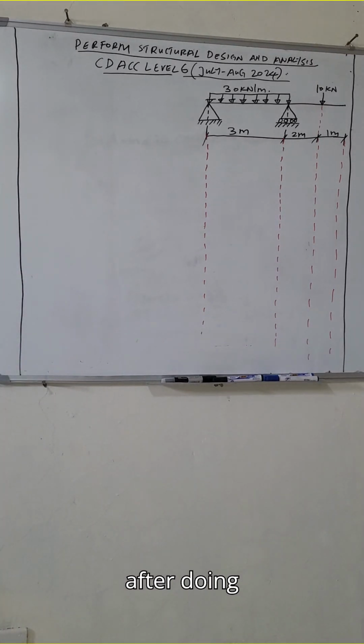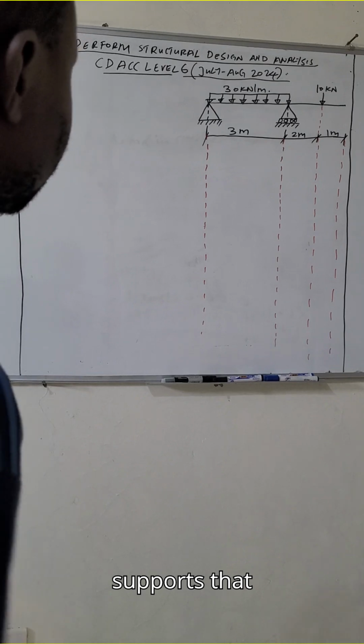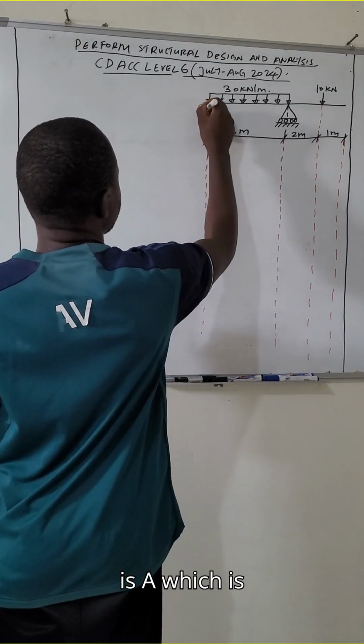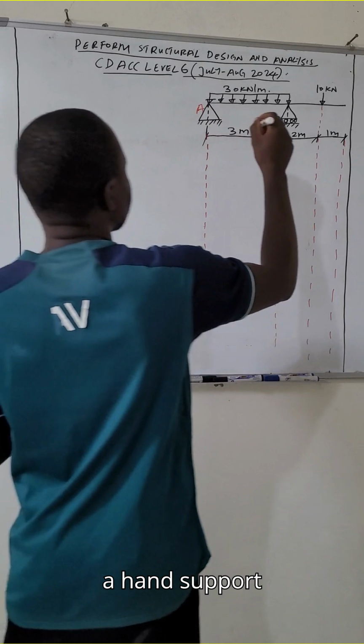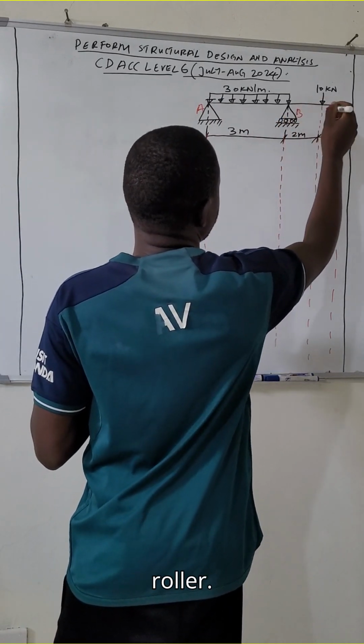So after doing so, the next thing is to start calculating the reactions at supports. We have two supports, that is A, which is a hinged support, and B, which is a roller.